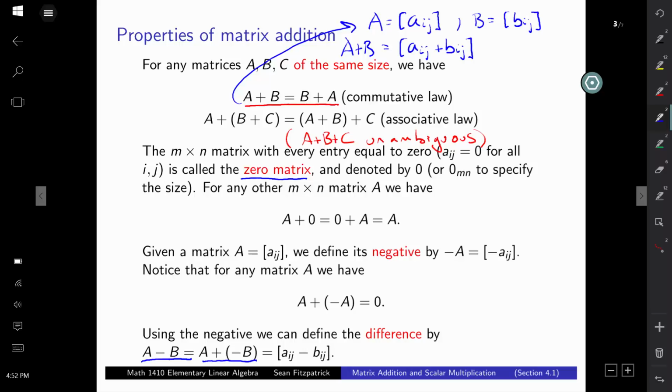The reason the commutative law holds is that it holds for numbers. Within the matrix, I'm adding numbers: the ij entry from A to the ij entry from B. This is a sum of numbers, and order of addition doesn't matter for real numbers, so Aij plus Bij is the same thing as Bij plus Aij. Then I simply reverse the definition of addition to say this is, by definition, B plus A. Similar arguments can be used to establish the other properties here.